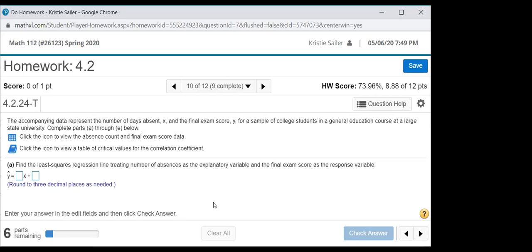A positive residual means that your actual data point is above your line. So if you have a negative residual, it means that your actual data point that you observe is below what you would expect it to be.